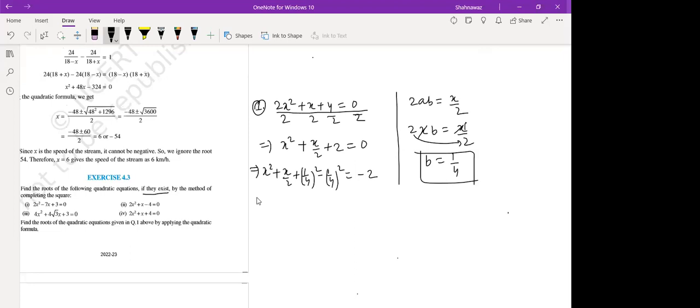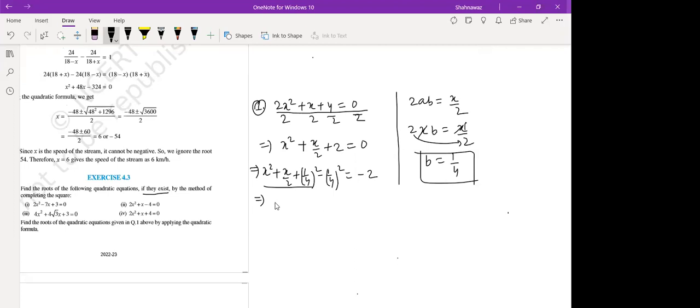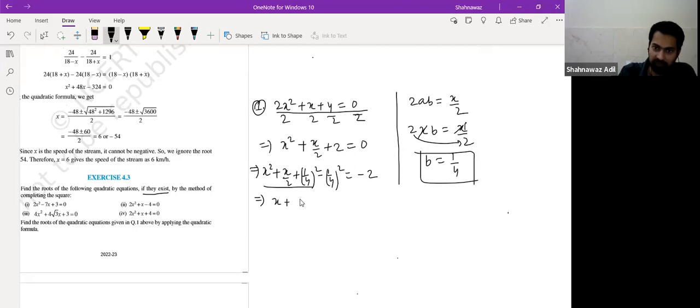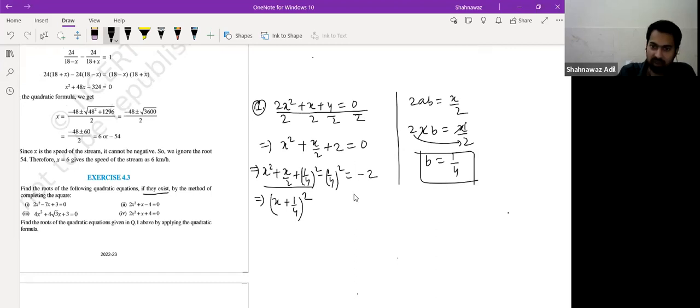So then this becomes a plus b whole square, and what is b? 1 by 4. Correct. Now you understood, right? So this is x plus 1 by 4 square, and this is plus 2, and this is minus 1 by 16.